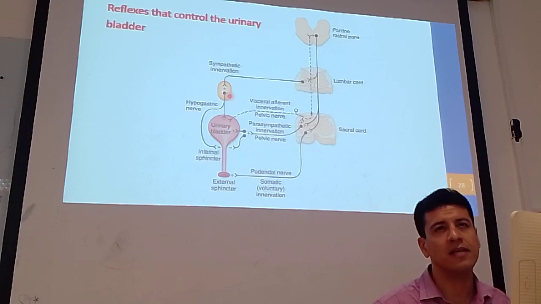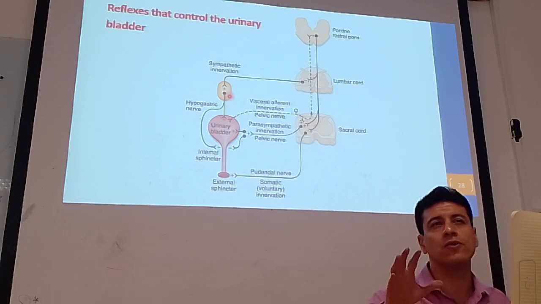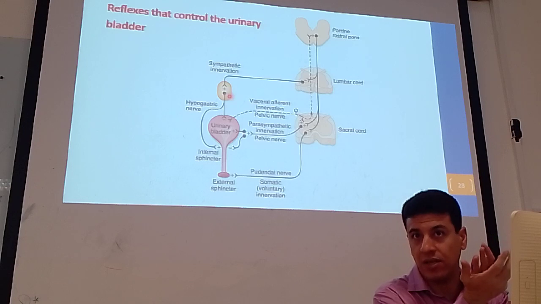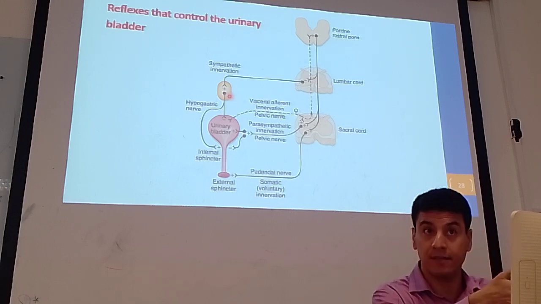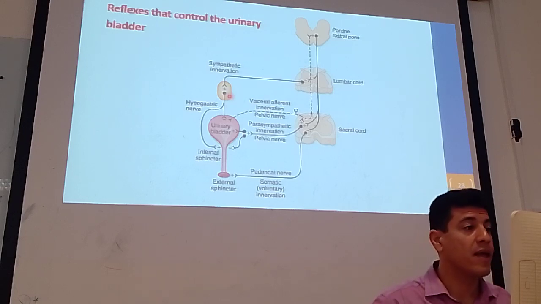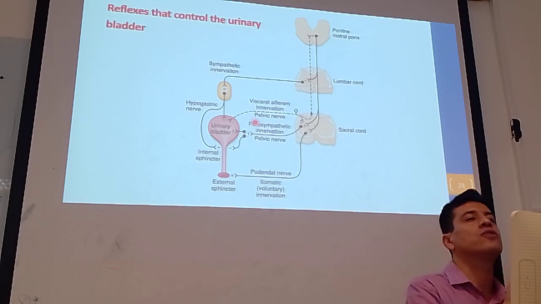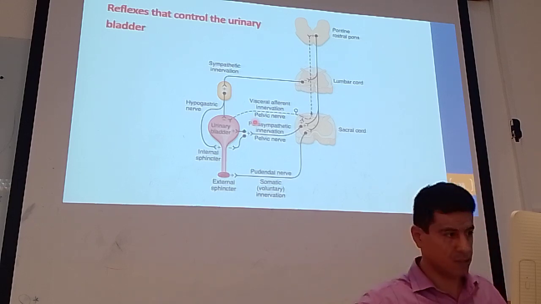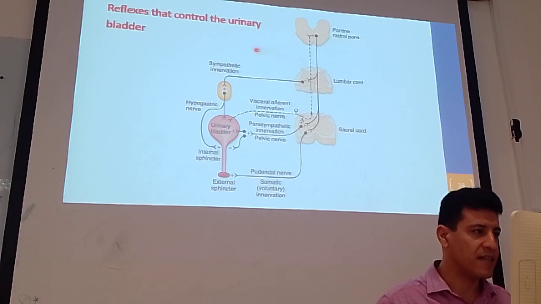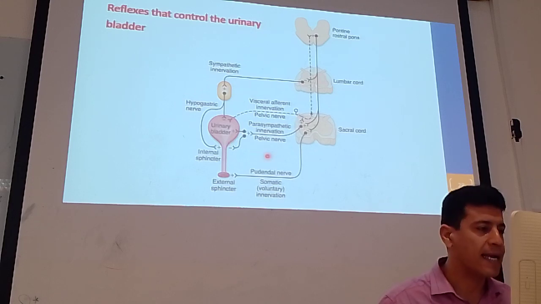Sympathetic innervation was already acting in order to prevent urination. Now they are inhibited, right? And others cause activation of the parasympathetic neurons. Parasympathetic neurons actually are in favor of urination. So sympathetic neurons are inhibited, parasympathetic neurons are activated.